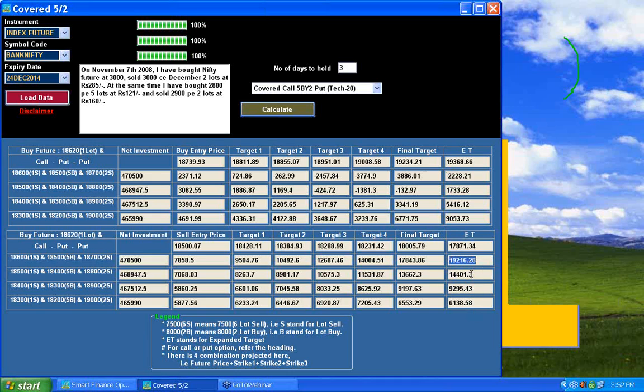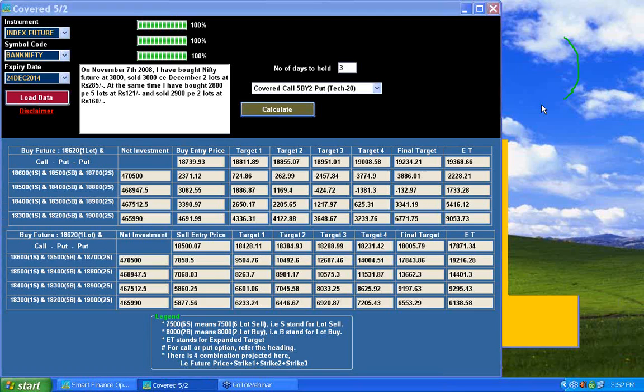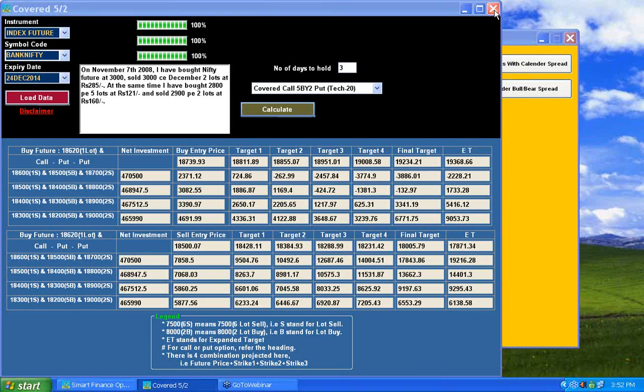All other combinations have lesser profitability, and equally the liability will also vary. So this is on the strategies which I have formed and we have programmed.